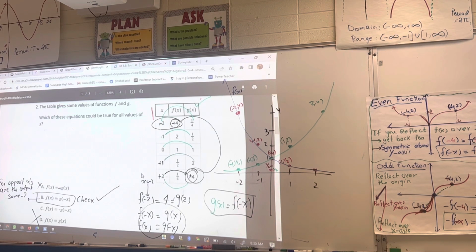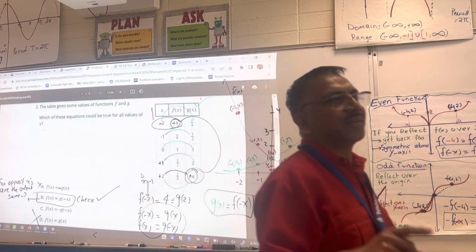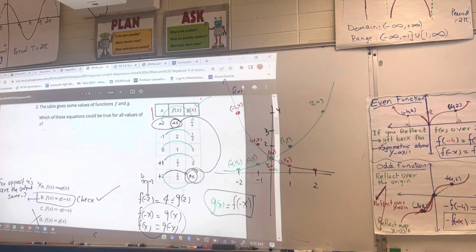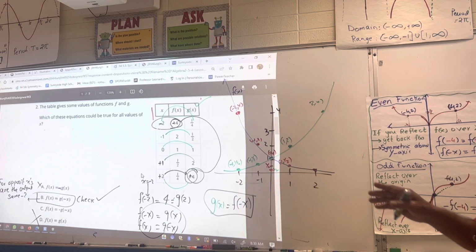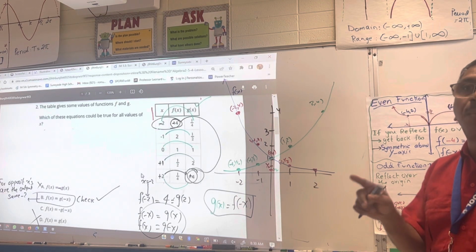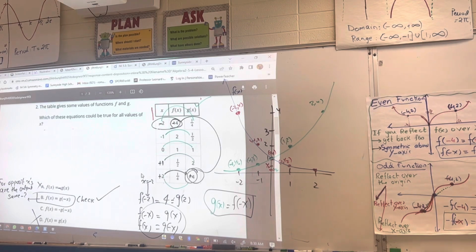Got it? It takes a little time to understand this. Looks easy, but not easy, right, Jalen? You have to be careful with the outputs, how they stay the same for the opposite inputs. Again, I repeat this. The y coordinate stays the same.